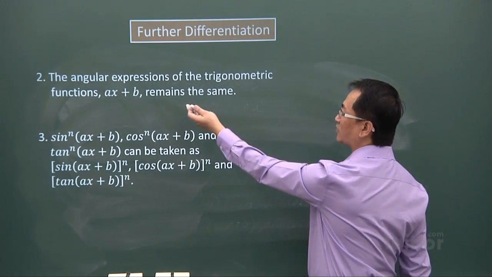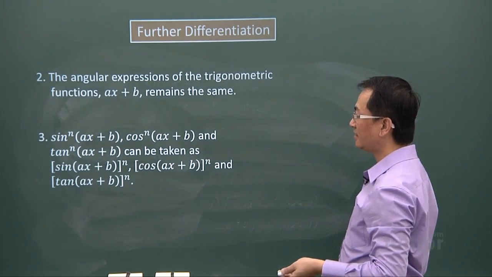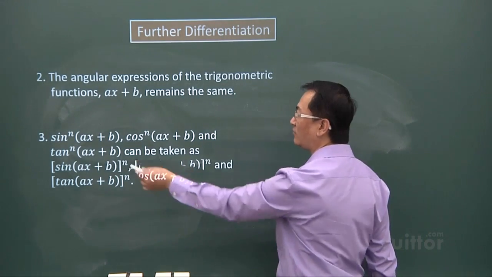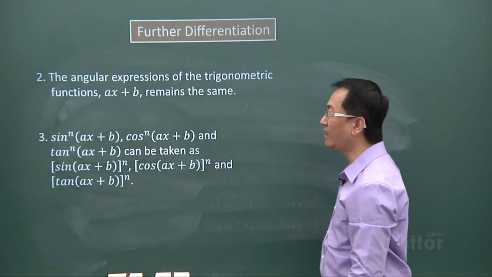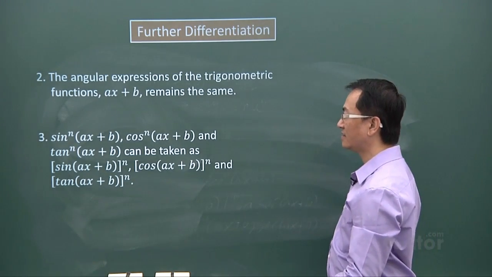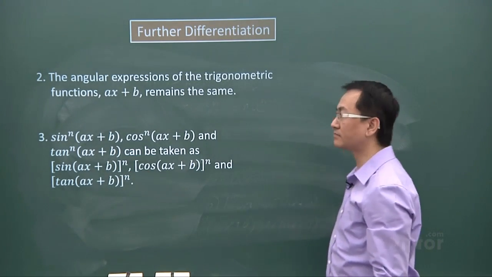The angular expression ax plus b will not change. And you can also see that when we have sine to the power n, it is the same as sine of the angular expression, raised to the power n.